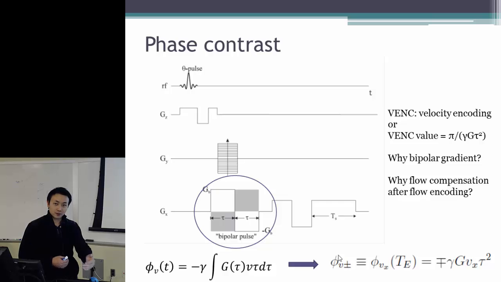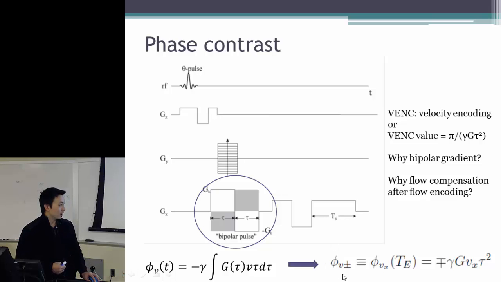Any development of the phase outside this will be wrapped around and cause aliasing in the phase. So we don't want that. So we want to control that the phase caused by the flowing velocity is within this 2 pi range.